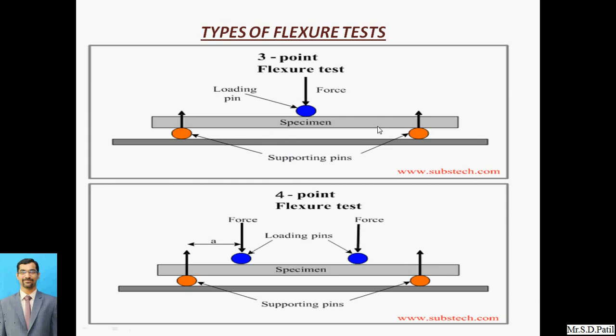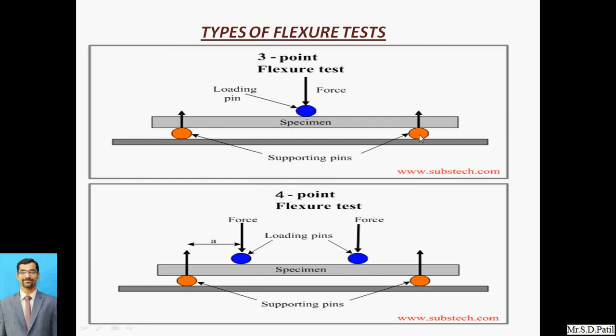These are the basic types of the flexural test. Here you try to understand how this test is carried out. The first type is the 3-point flexural test, and the second is the 4-point flexural test. Why it is called 3-point and why 4-point, we will see here.